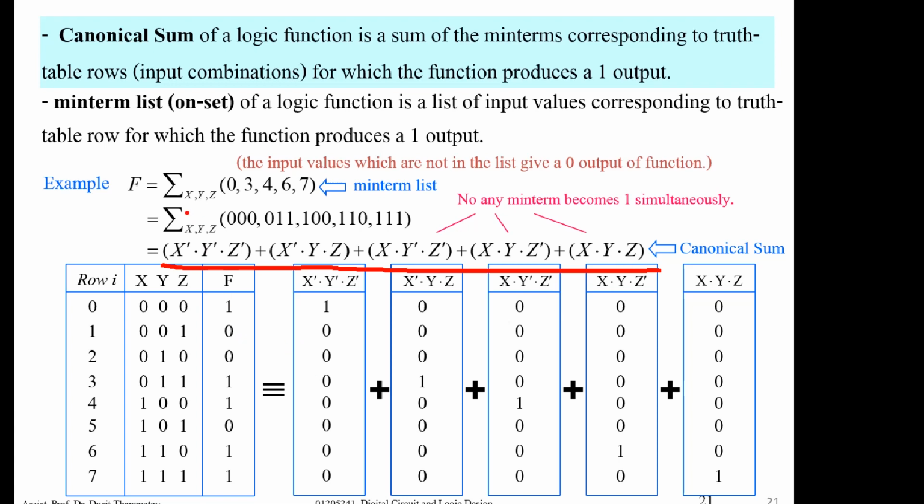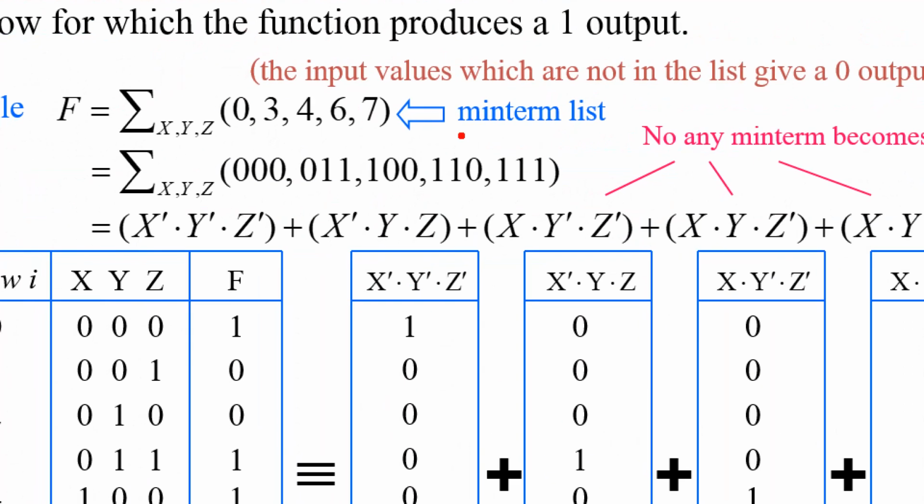Or you can write it with the symbol sigma, the input variables, and the corresponding inputs that make the function output 1, like this. This term x, y, z will be 1 when x is 0, y is 0, z is 0.